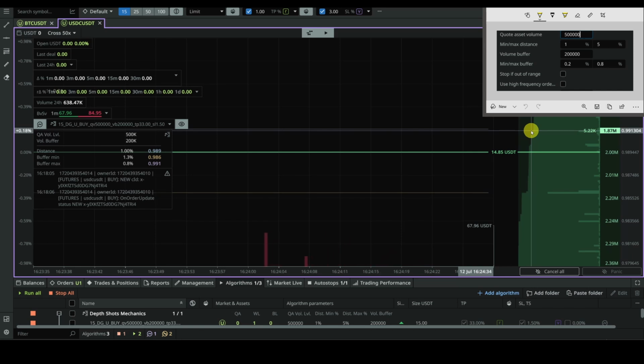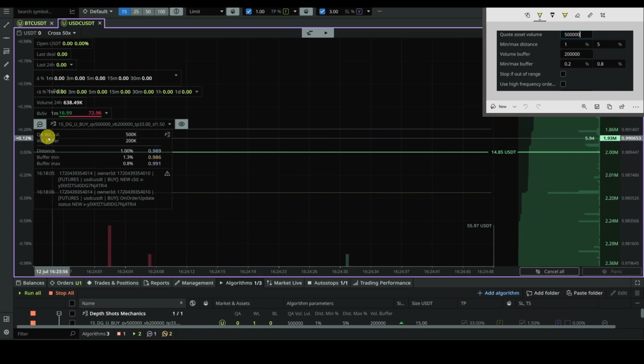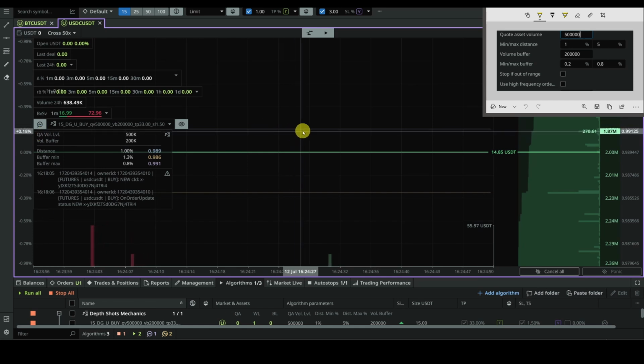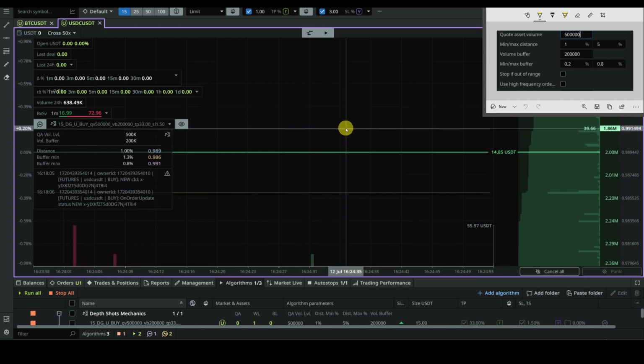And actually, if this buffer was looking at the volume, it should have been somewhere around 1.9, which is somewhere around here, but it's at 0.17 distance. So the minimum buffer is at 0.2, so that's where it is.